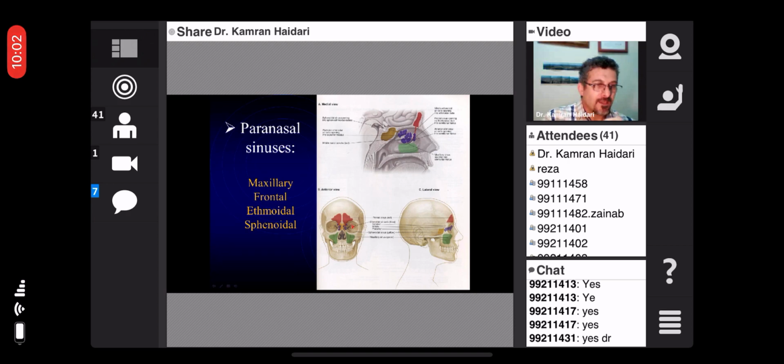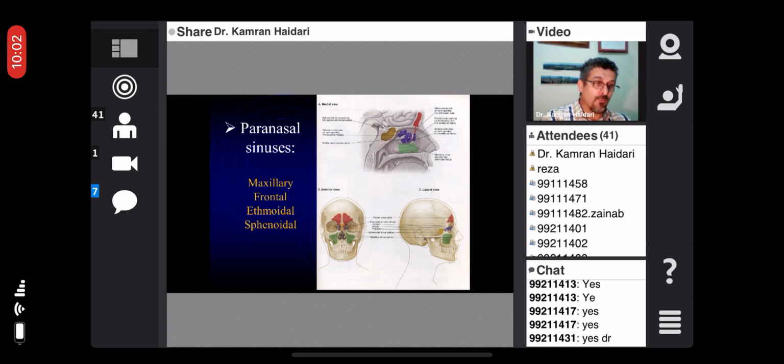Okay, in this picture you can see this is the frontal sinus, the large cavity. Frontal sinuses are inside the frontal bone.